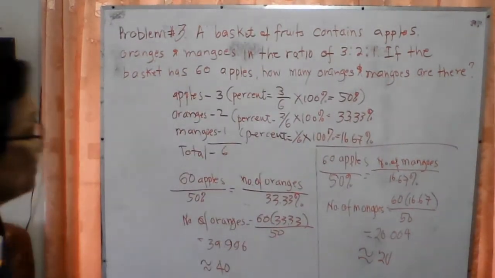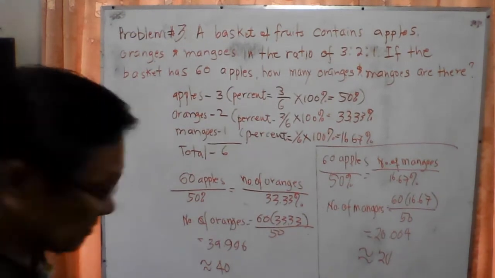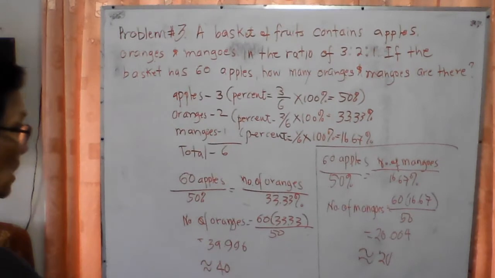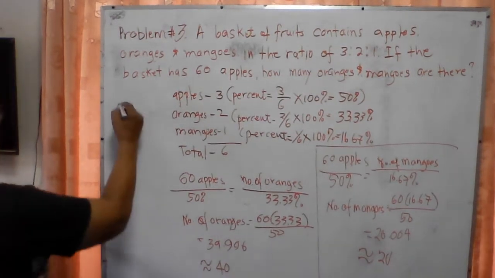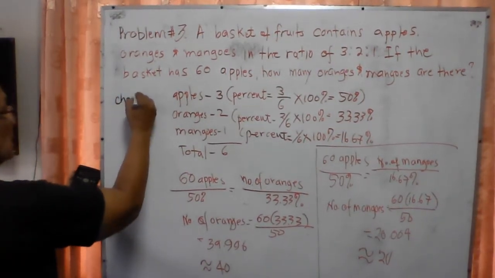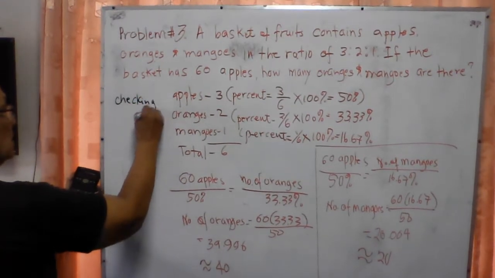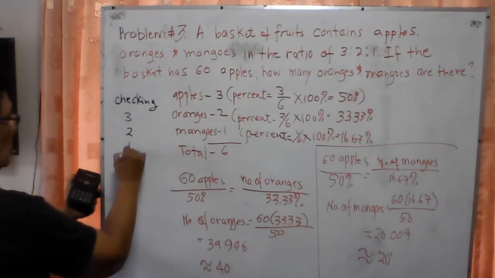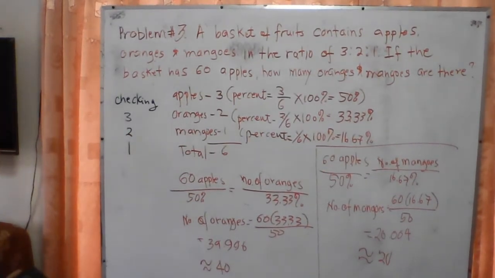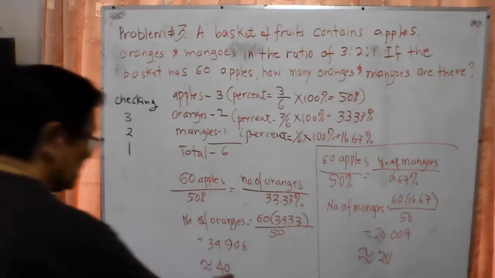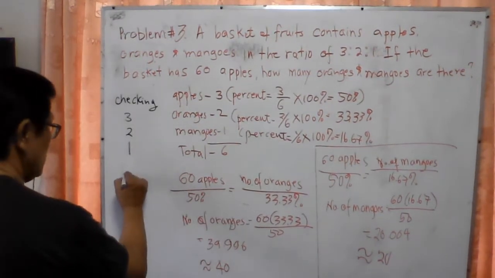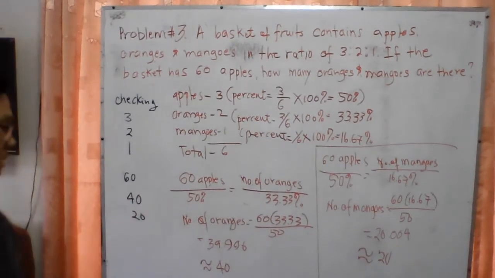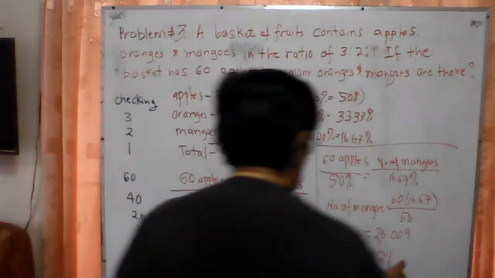Okay. Checking. Let's check if we are correct. You have 3, 2, 1. So, in this case now, you have 60, 40, 20.